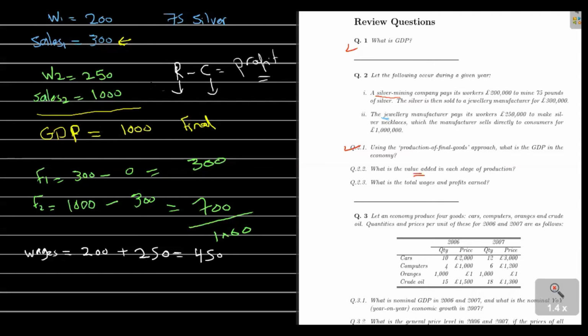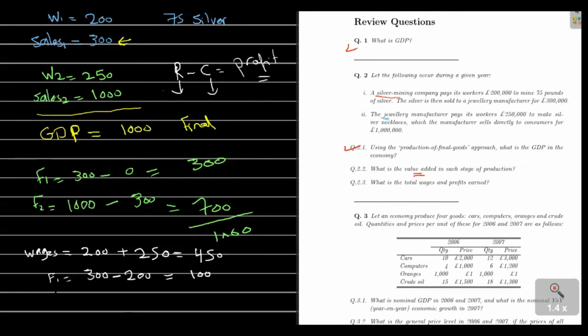So let me do that. Let's say the first firm: how much profit did they make? Firm one sold silver for 300,000. That is the revenue, minus how much it cost them. They paid 200,000 to their workers, which makes their profit 100,000 pounds.